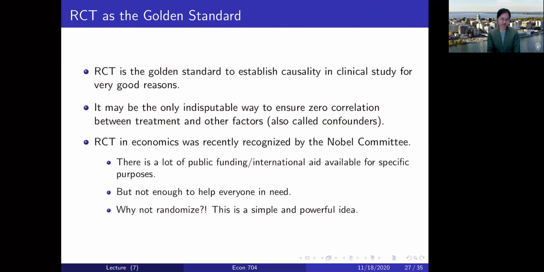So almost all the drugs or vaccines have to go through extensive randomized control trials before they can be approved by the FDA. So in clinical study, that's the norm or golden standard.